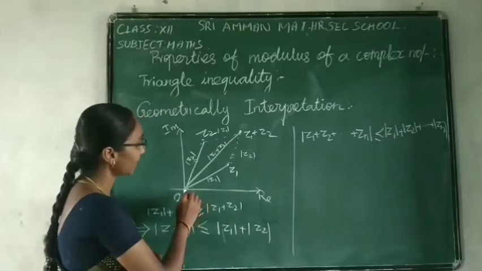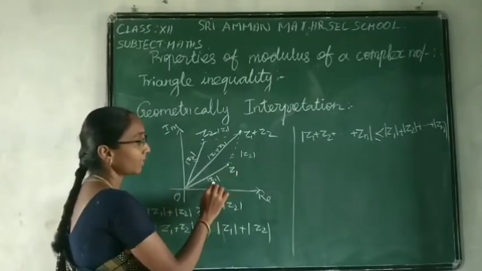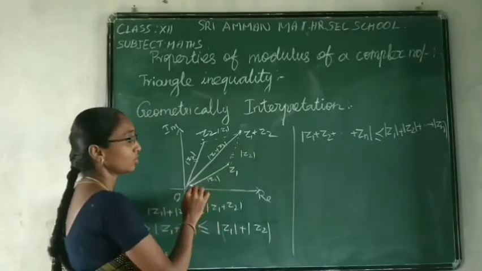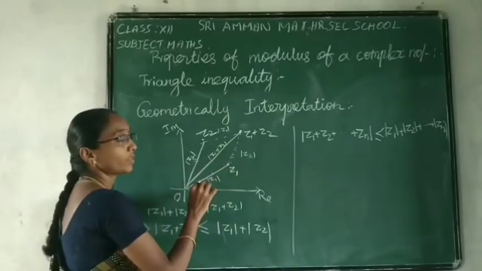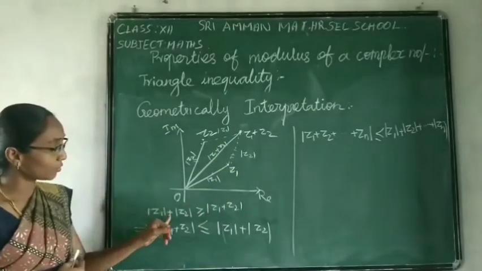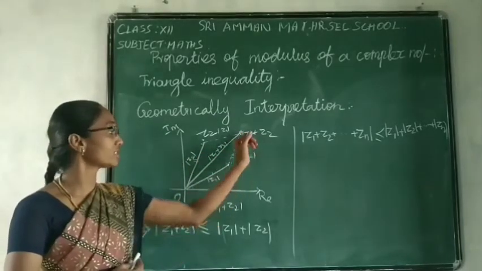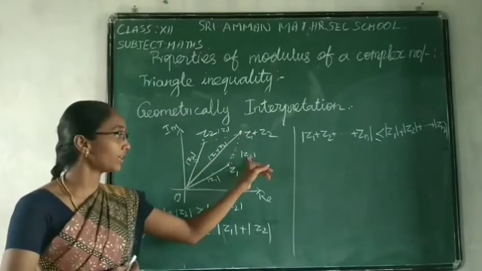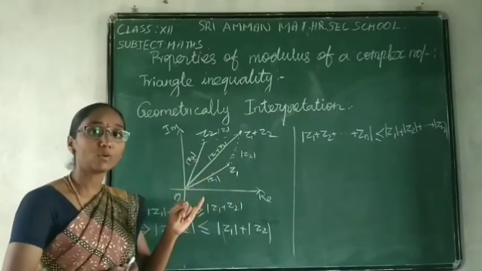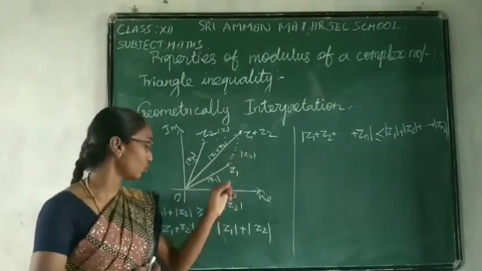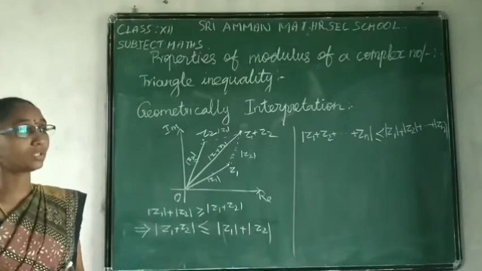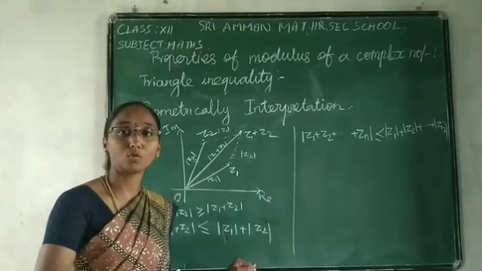Here I consider these two sides, modulus of Z1 and modulus of Z2. So adding them, modulus of Z1 plus modulus of Z2 is greater than or equal to the third side of this triangle. Already considering these two sides, the remaining one side is modulus of Z1 plus Z2.